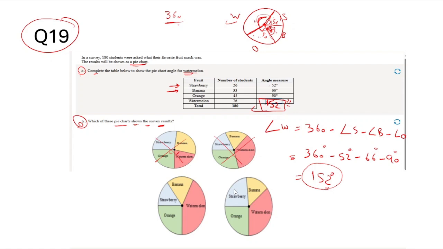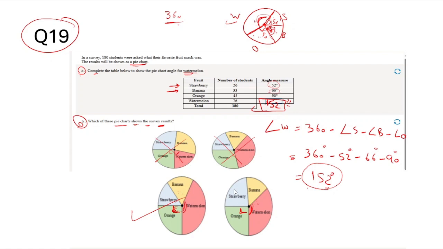So let's see the third one. Okay, the watermelon is an obtuse angle, because it's 152. The orange is a right angle. Okay, and banana and strawberry are acute angles, so this is the right answer. Okay, for the fourth pie chart here, the watermelon is an obtuse angle, orange is 90, but strawberry here is 52, and the banana is 66.